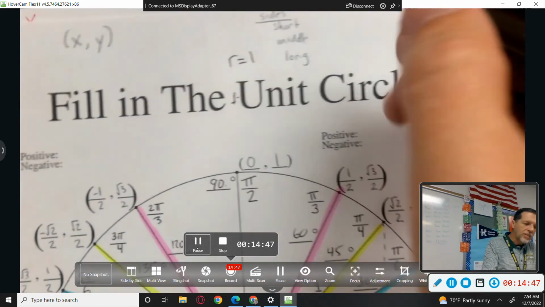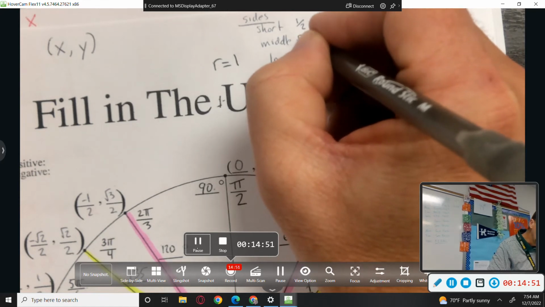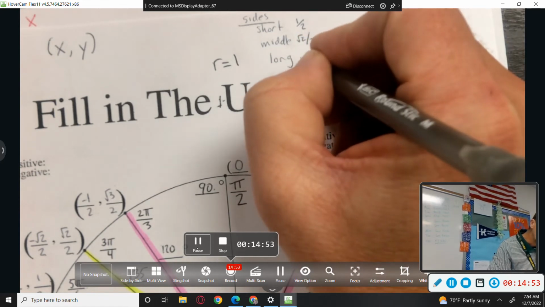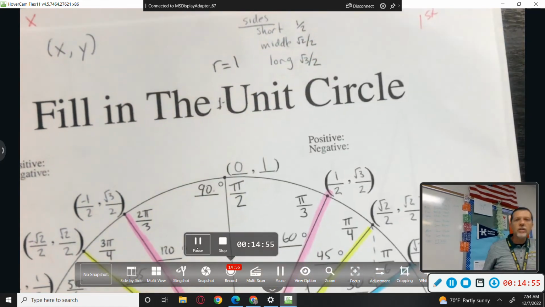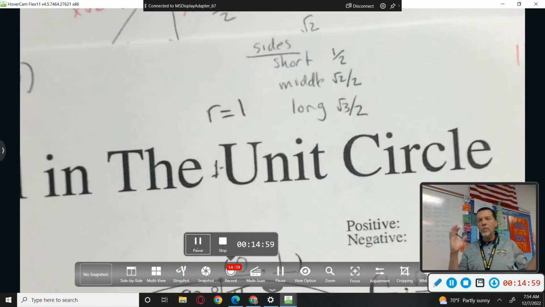But the sides of triangles: the short side is always 1/2, the middle side is always root 2 over 2, and the long side is always root 3 over 2. Always. And so that takes some of the memorizing out. If you know that, then you can look at the picture and if it's a short side, it's 1/2. I don't have to think through 30, 60, 90 and draw a triangle, and just all the short sides are 1/2.